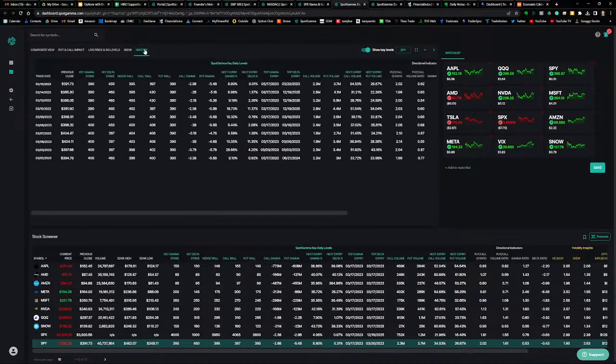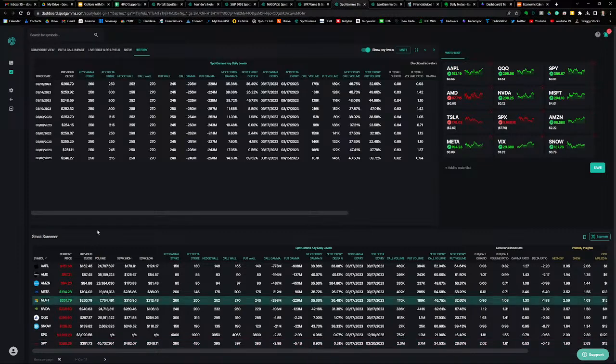Take a look at the history. This is the history showing all of the key daily levels. There's Microsoft, so we can see the increase in the key gamma strike. And all the other levels held.